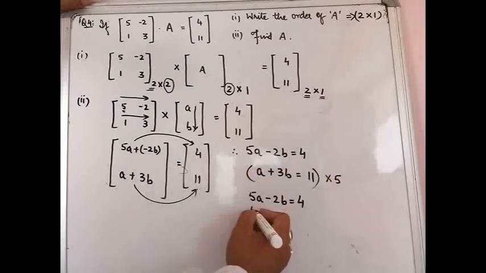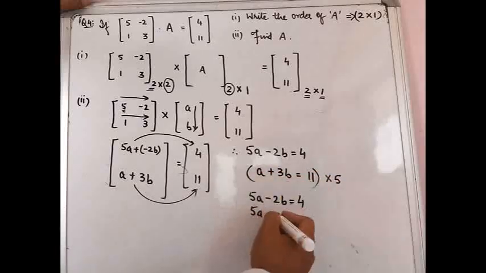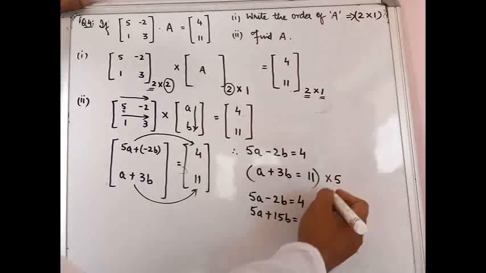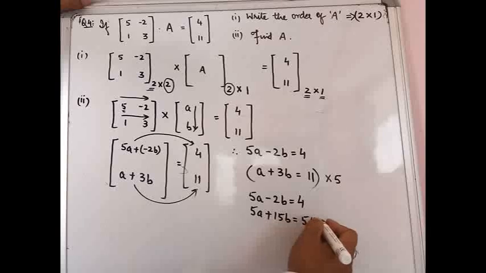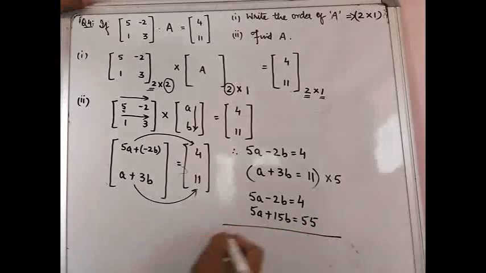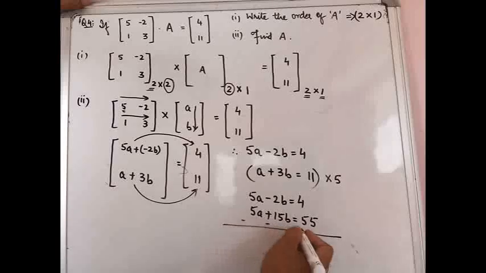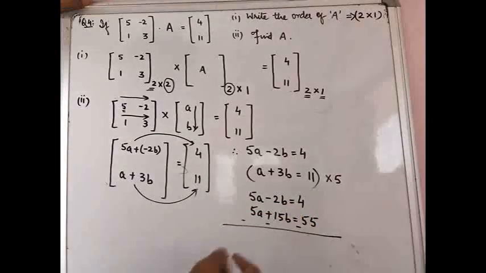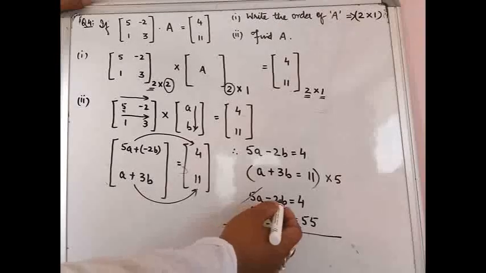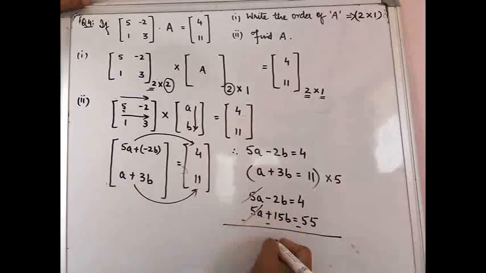So 5 into A will be 5A, 5 3s are 15B is equal to 11 5s are 55. Now what should you do? Since these signs are both same, you will have to subtract. So subtracting, this gets cancelled. Minus 2B and minus 15B will make it minus 17B.